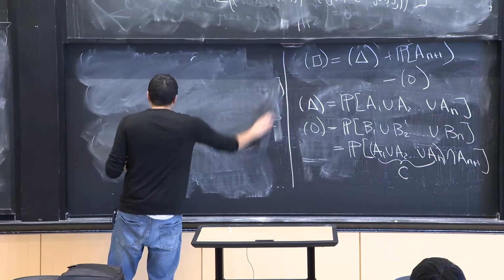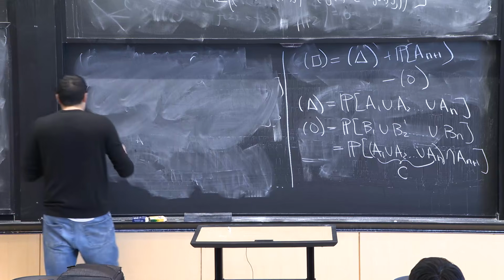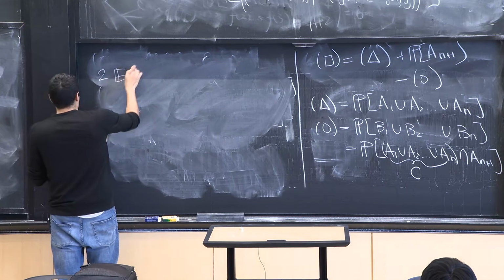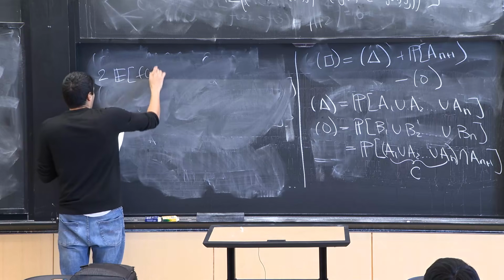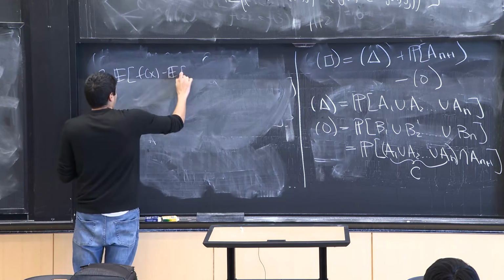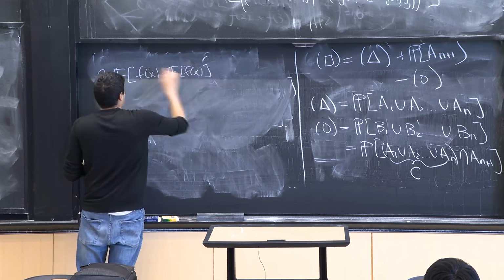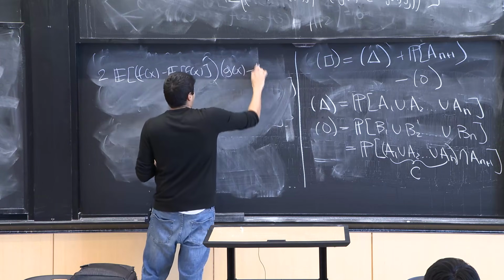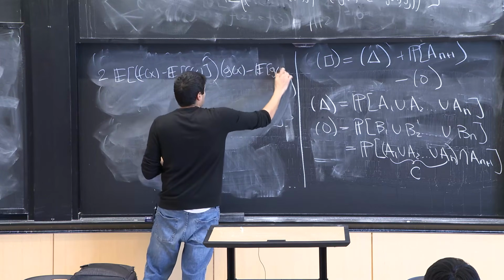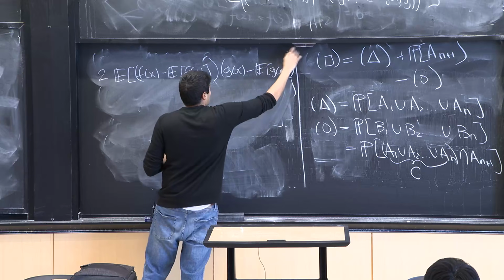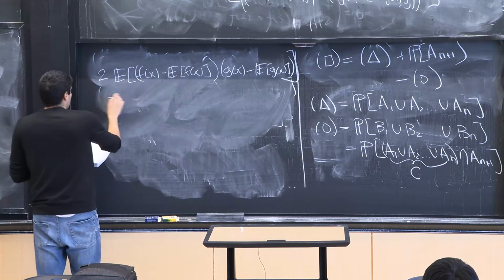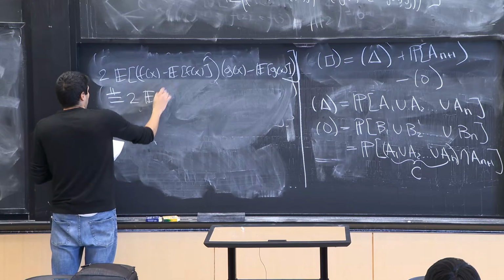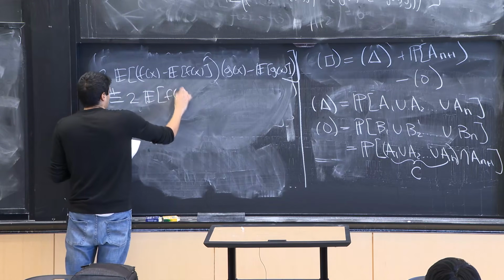So the key thing is really what happens with the cross term. So when we get this cross term, that looks like 2 times the expectation of f of x minus the expectation of f of x times g of x minus the expectation of g of x. Then what's going to happen is, by independence, we can write this out as the product of their expectations.